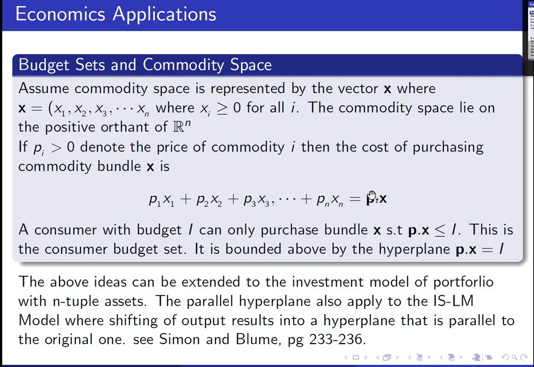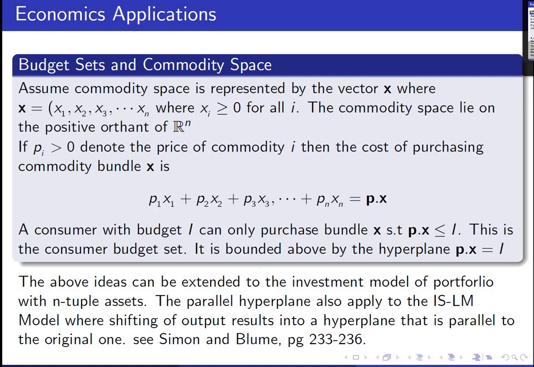which is boldface, which means here we have P1, P2, P3 all the way to Pn dot x1, x2, x3, all the way to xn, and then we get the dot product. We have already done a dot product when we were finding the equation of a plane in R3, right?